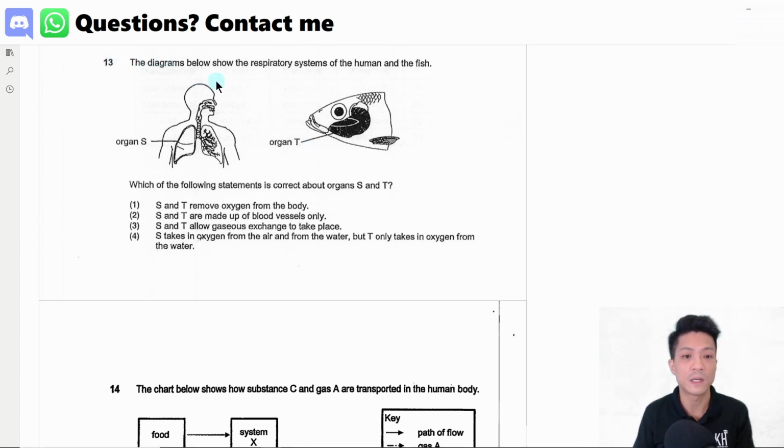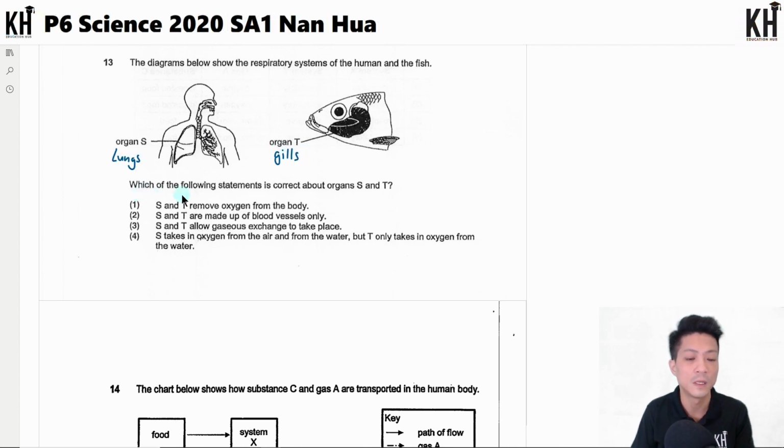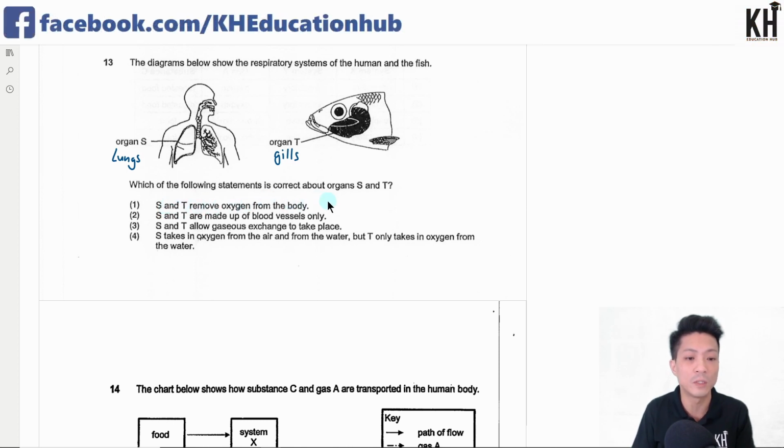Question 13. The diagrams below show the respiratory system of the human and the fish. Organ S refers to the lungs and organ T refers to the gills. Which of the following statements is correct about organ S and T? S and T remove oxygen from the body?